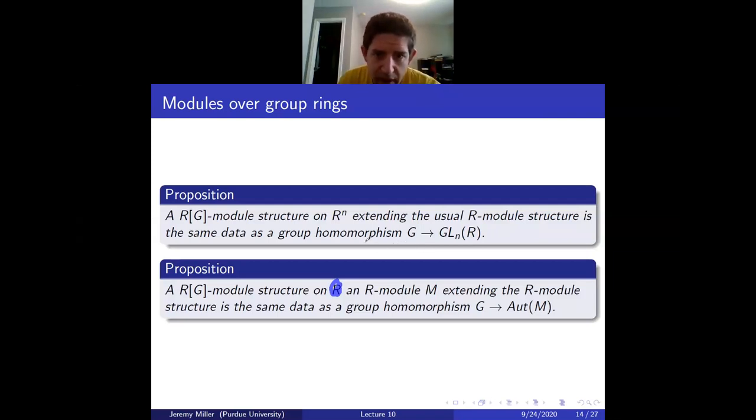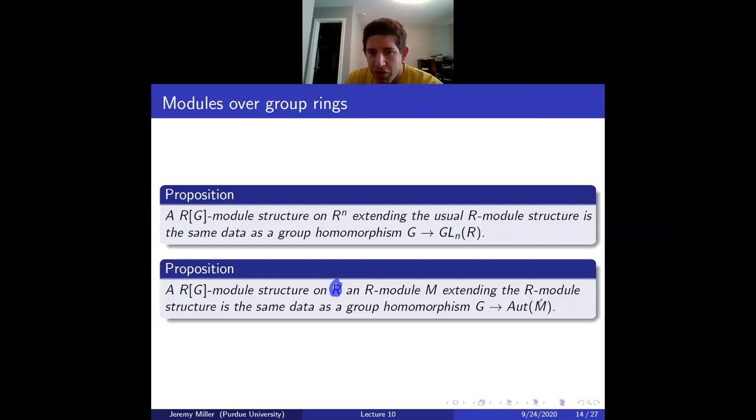So why is that? Well, what's a homomorphism from G into Aut M? This first proposition is the specialization of the second proposition.